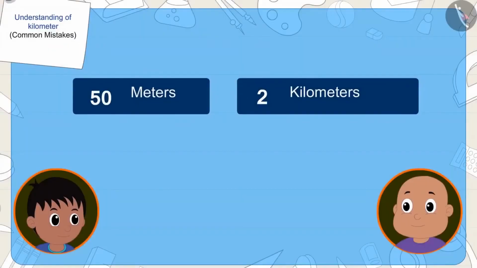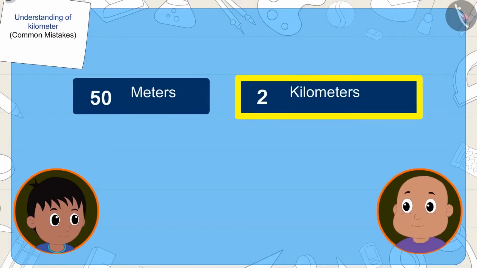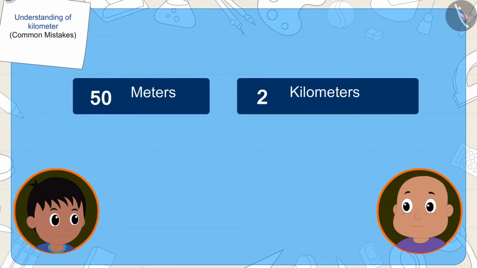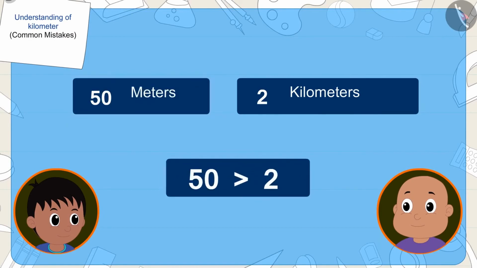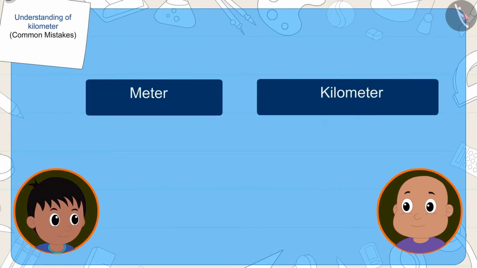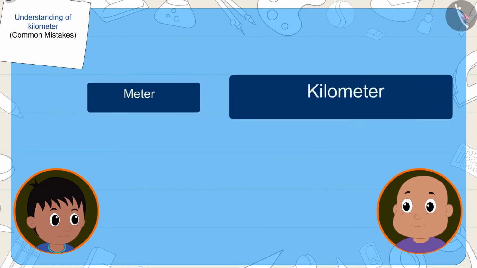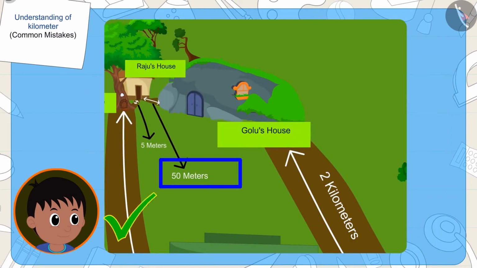His house is 2 kilometers from Golu's house and Raju's house is 50 meters from Golu's house. Even though 2 is less than 50, because the meter is smaller than kilometer, Raju's house is closer to Golu's house.